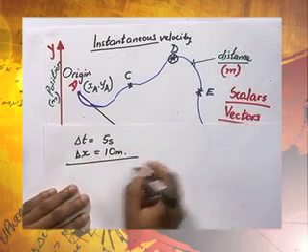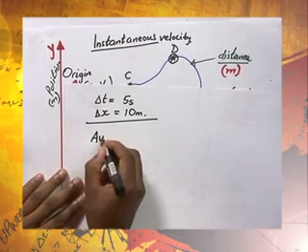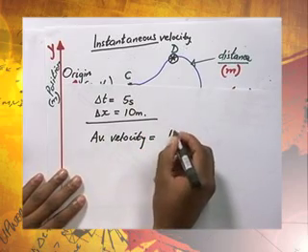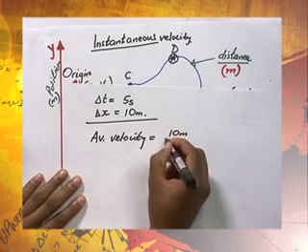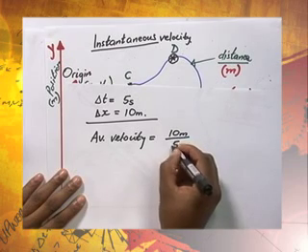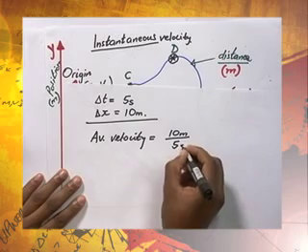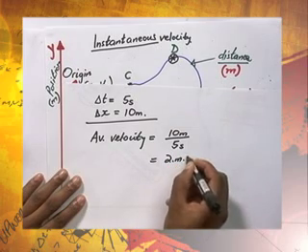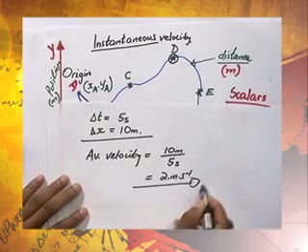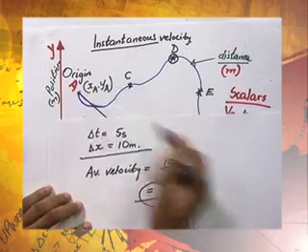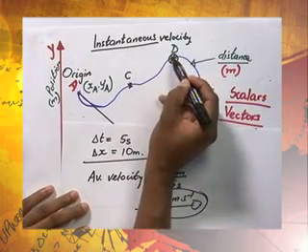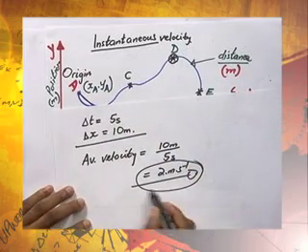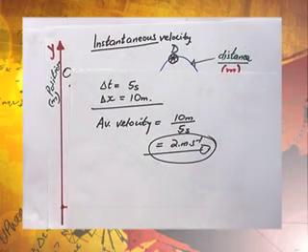Your average velocity would be given by 10 meters, remember, this is a displacement, over the change in time, which is 5 seconds. And that gives you 2 meters per second. Now this is average, but it doesn't mean that this object has been moving at 2 meters per second throughout. Maybe at D it was at 5 meters per second, at C it was at 1 meter per second, but as a whole we find the average to be 2 meters per second.